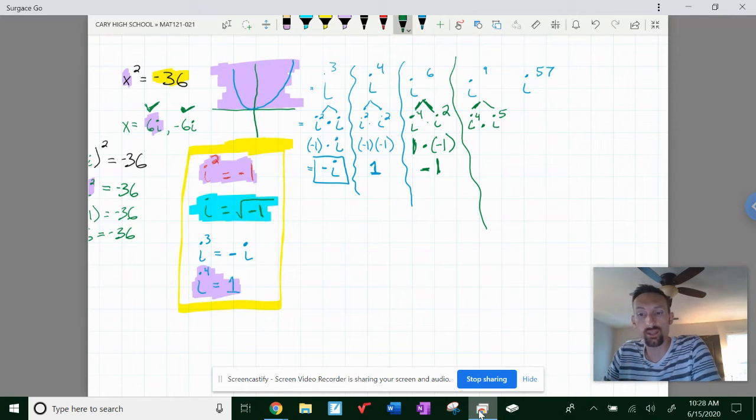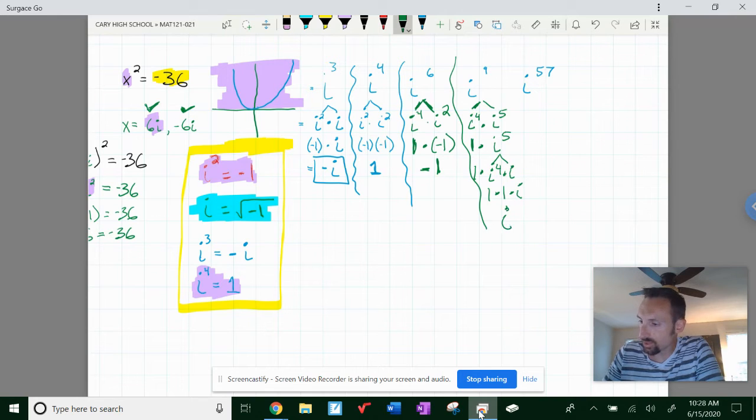I'm going to use i to the 4th anytime I can because that's the identity. That's just 1, so that's going to be my favorite. So now I've got 1 times i to the 5th, and I can break that down even more. And now I've got 1 times i to the 5th is going to be i to the 4th times i to the 1st power. i to the 4th is 1, and so what I really have here is 1 times i, which is just i.